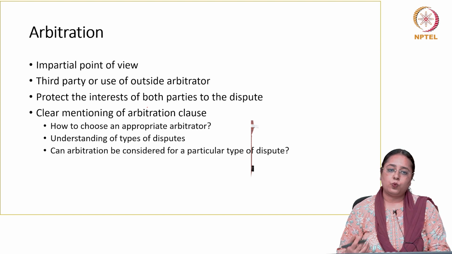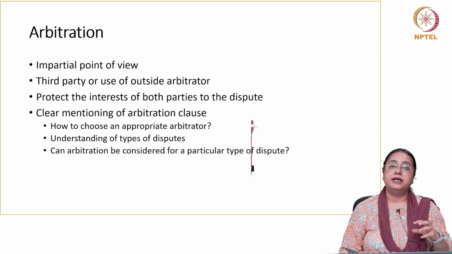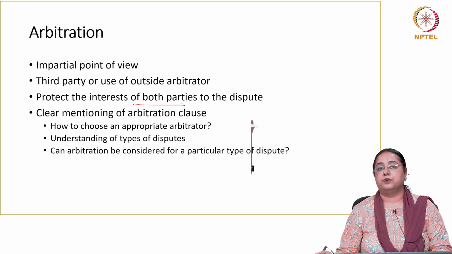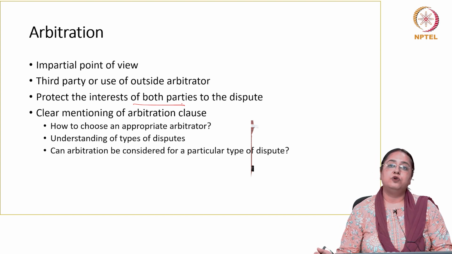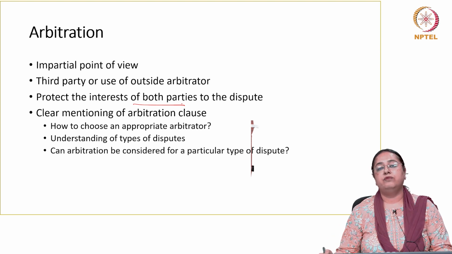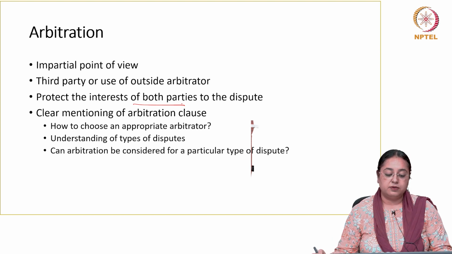This third party can give an impartial point of view, keeping the interest of both parties to the dispute protected. And obviously one has to use an outside arbitrator, which is again a third party.